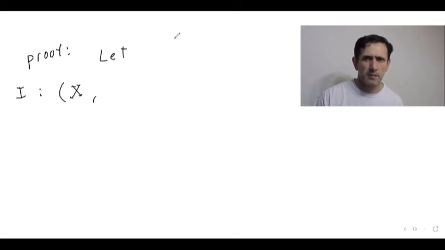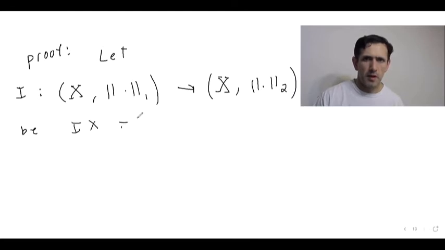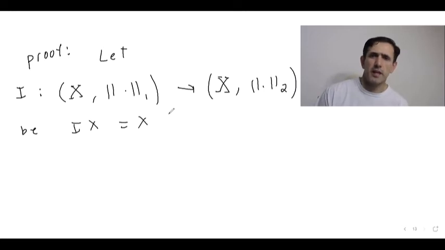Remember, big X is the same vector space, just two different norms on it. Well, Ix just equals x. It's not a very interesting map. It just takes in x and spits out x, doesn't do anything, just the identity.